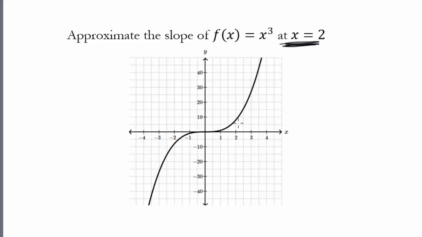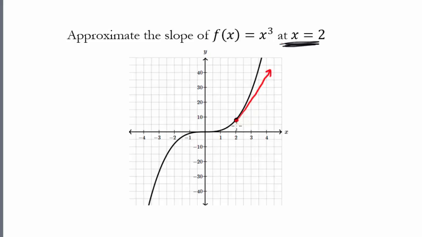So first off, let's start by locating our point at x equals 2 right here. There's our graph, our function. And another way of asking this question of approximating the slope of this function at x equals 2 is to say approximate the slope of the tangent line to this function.